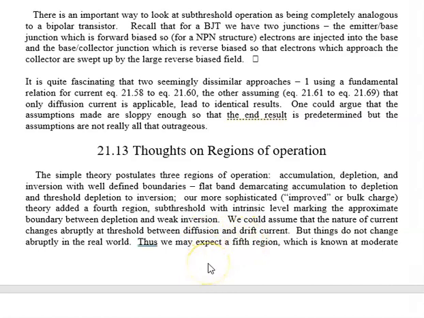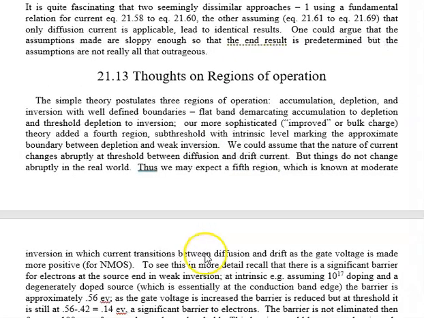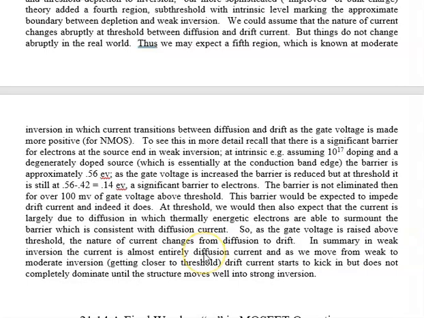Rather, we saw that there is a slowly changing transition from diffusion to drift current, and there's a region, for want of a better term, we call it moderate inversion, in which we get both diffusion and drift current. And as the gate voltage increases, we increasingly get more drift current and less diffusion current until we go into strong inversion, where everything is drift current.